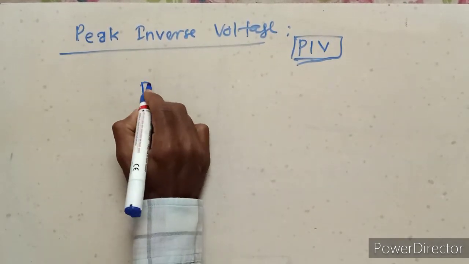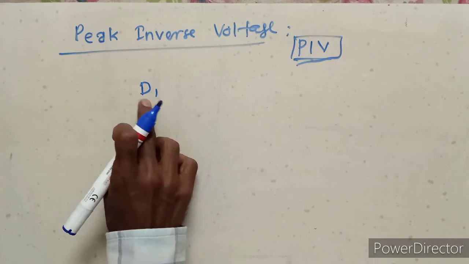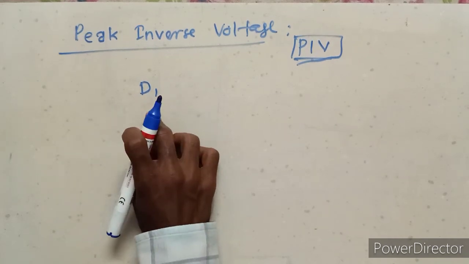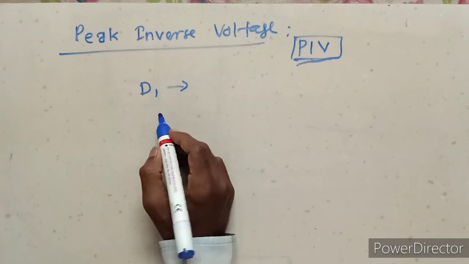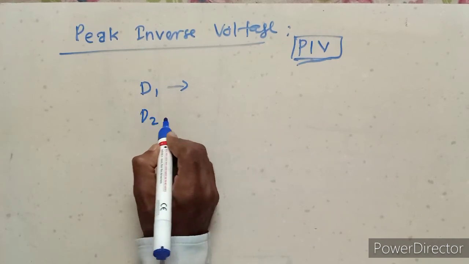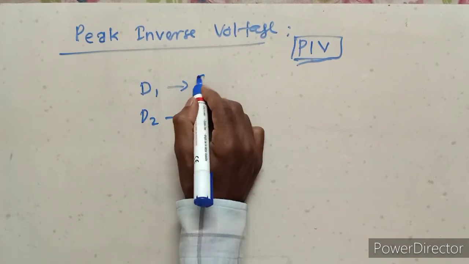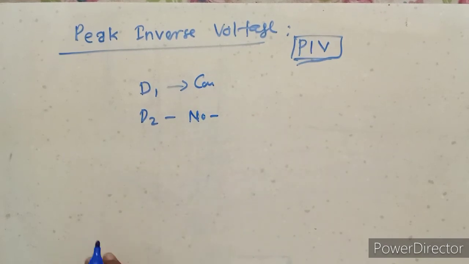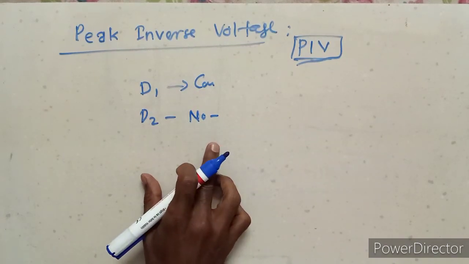Consider D1 as the first diode in forward bias, and D2 in reverse bias. D1 is conducting and D2 is non-conducting.